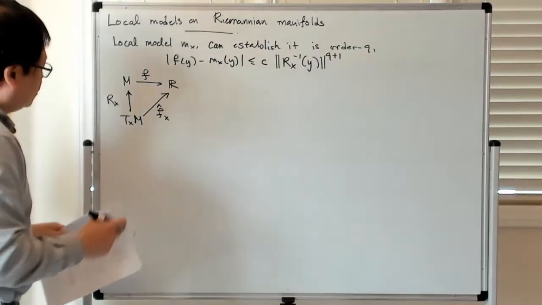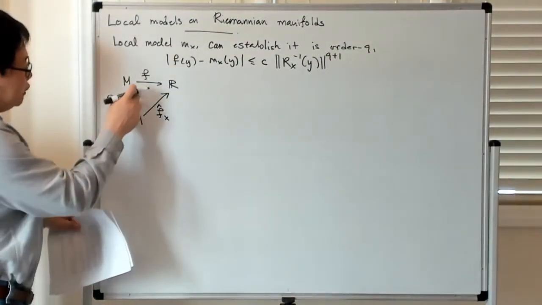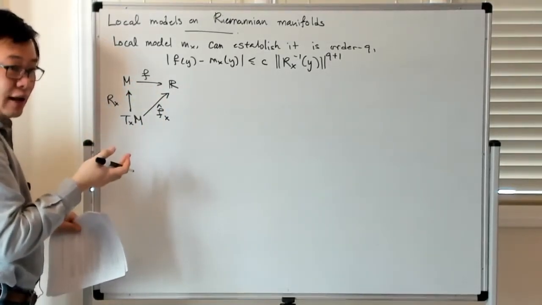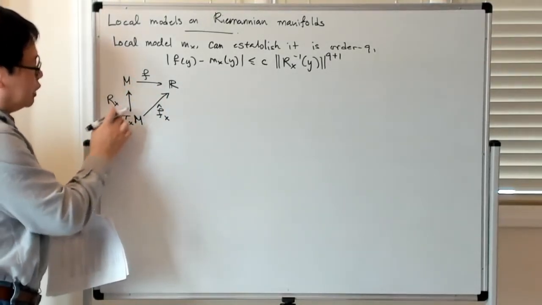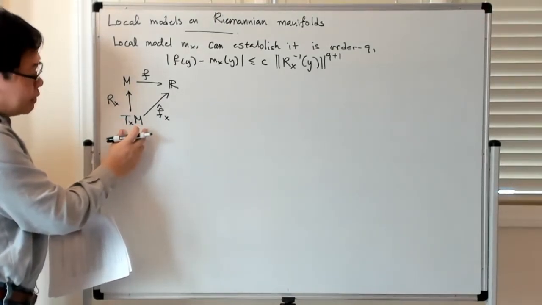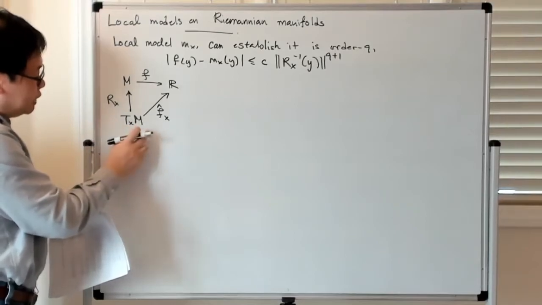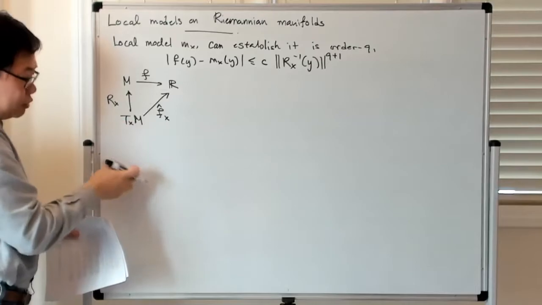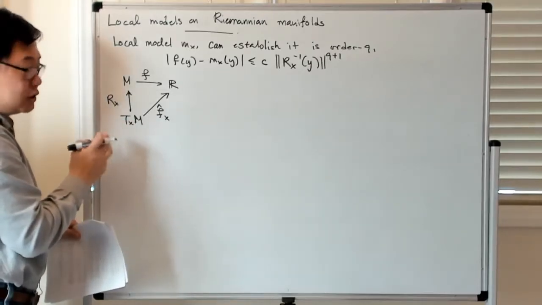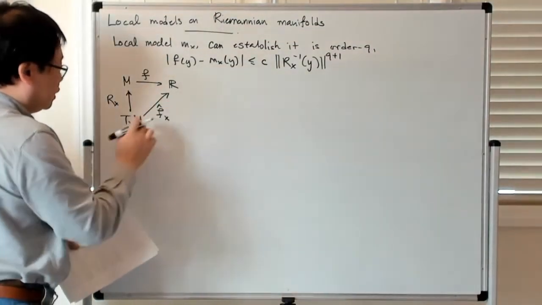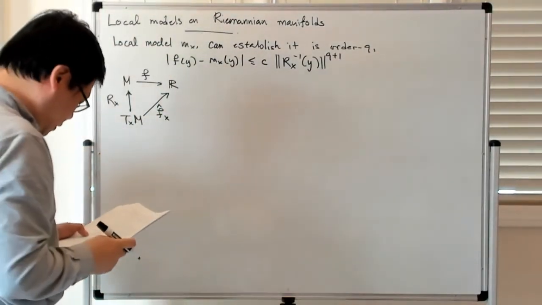If you have a retraction like this, then the inverse of the retraction gives you something like a coordinate chart, as long as you've chosen a basis for the tangent space at x to M. Once you have a basis, this inverse map composed with that representation in terms of the basis gives you an honest to goodness coordinate chart, and then you can look at the local representative with respect to that.